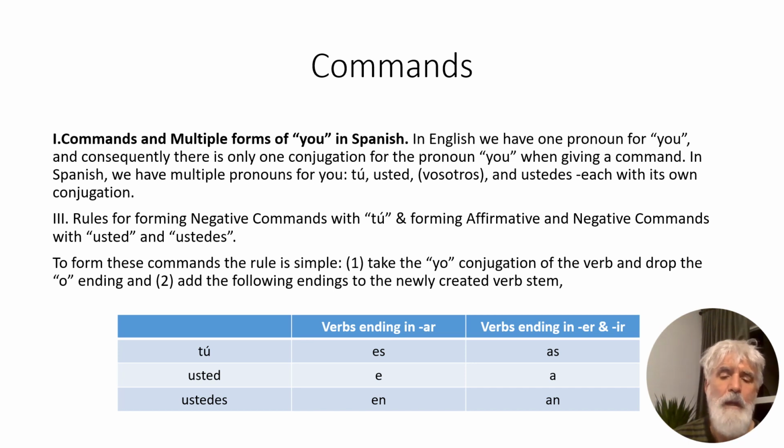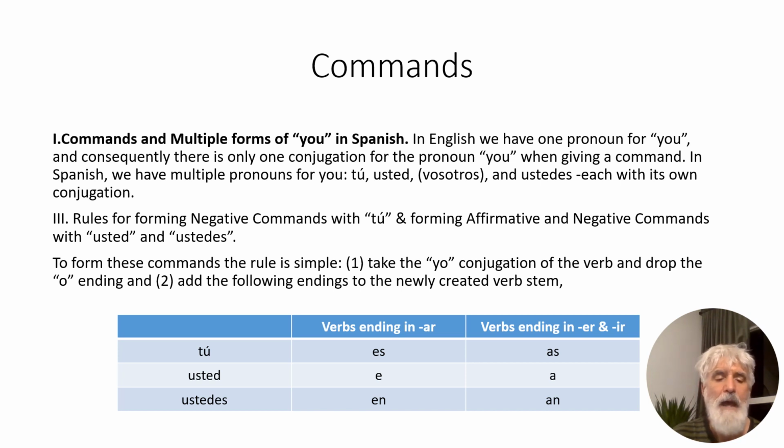That's tomo. We drop the o of tomo. It's an AR verb. What ending do we put on for usted? We put on an e. So it would be tome, take. What if it's an ER or an IR verb, like comer? Again, we get the yo form, como. We drop the o. Now for usted, we put on an a. Coma, eat.